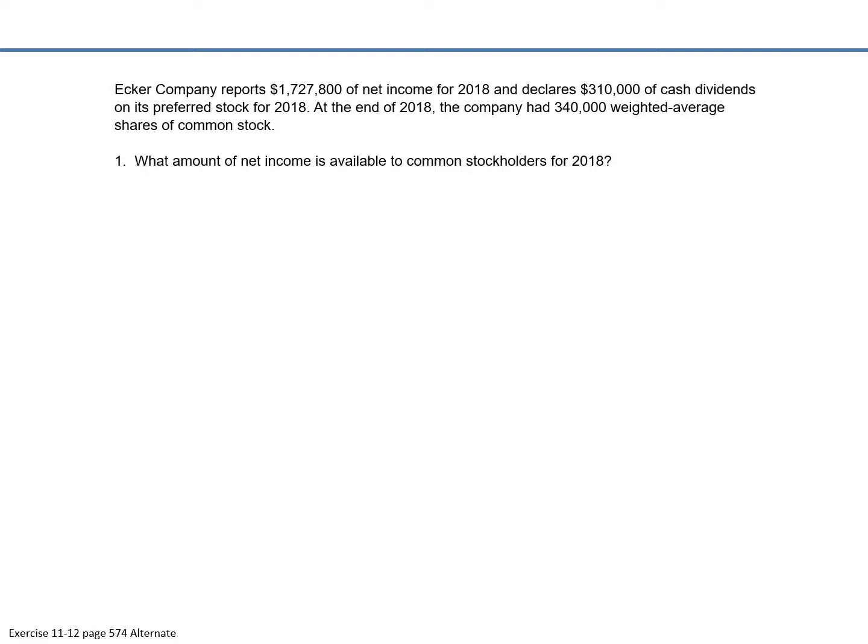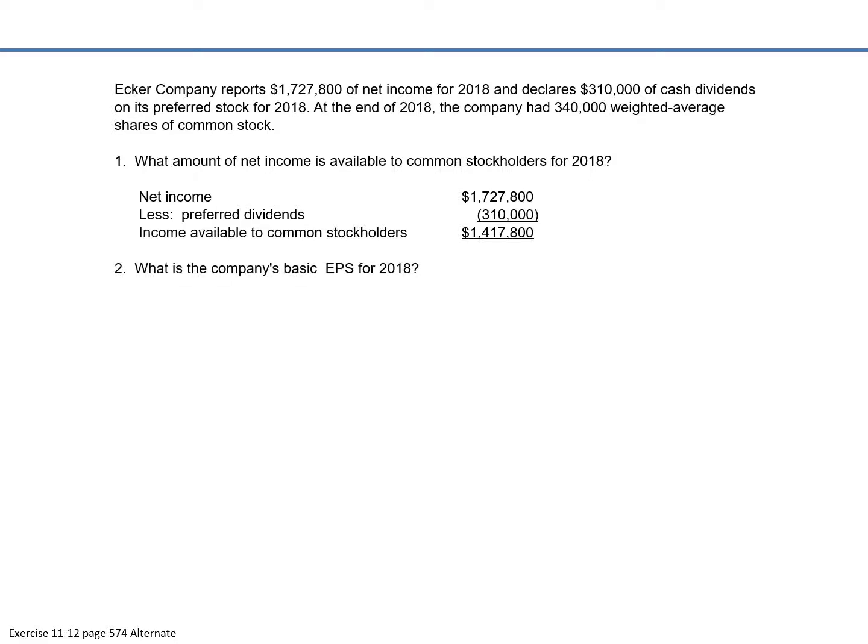All right, so Ecker Company reports $1,727,800 in net income in this example. They declare $310,000 of cash dividends on preferred stock, and then they tell us what the weighted average common shares are. So for the net income available to common stockholders, we have the $1,727,800 less the preferred dividends of $310,000 equals income available to common stockholders of $1,417,800.